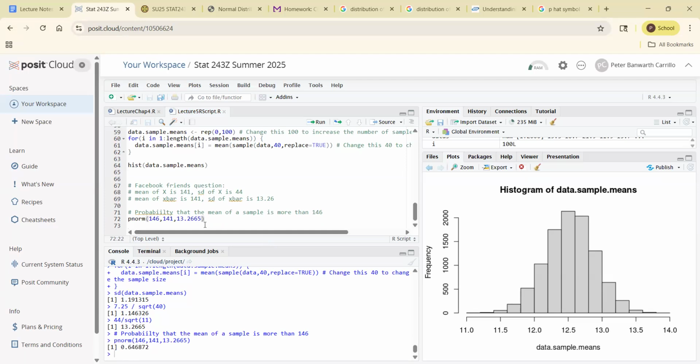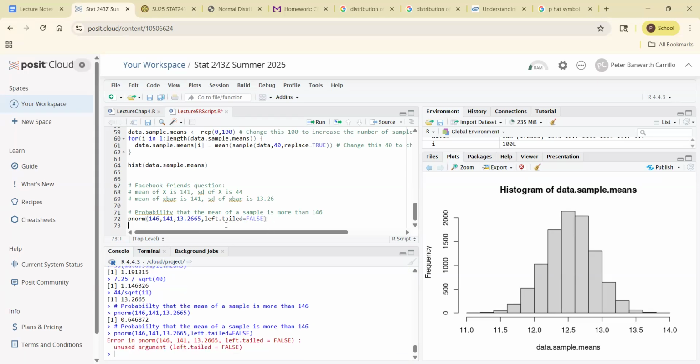I think that was a left-tailed. I want it to be the probability that it's greater than 146, so I have to do a right-tailed, so the lower tail should be false.